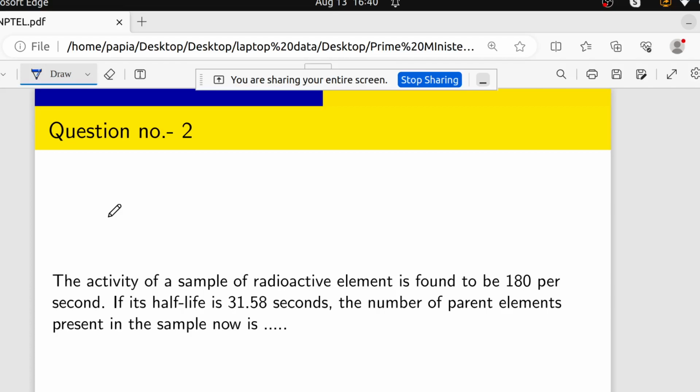The question is: the activity of a sample of radioactive element is found to be 180 per second. If its half-life is 31.58 seconds, find the number of parent elements present in the sample.